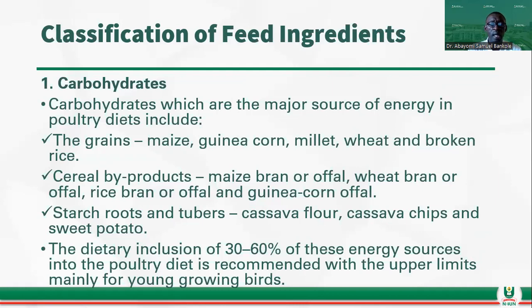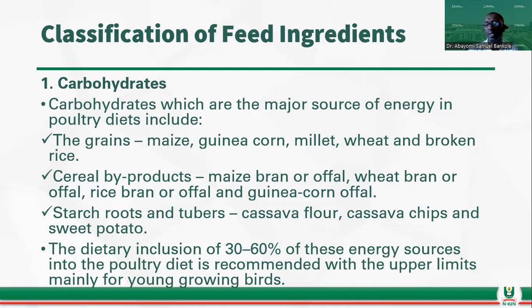So let's begin today's class by classifying feed ingredients in the poultry industry. Number one we have here is carbohydrates. These are the major source of energy in the poultry diets, and they include grains, cereal byproducts, starch roots and tubers.